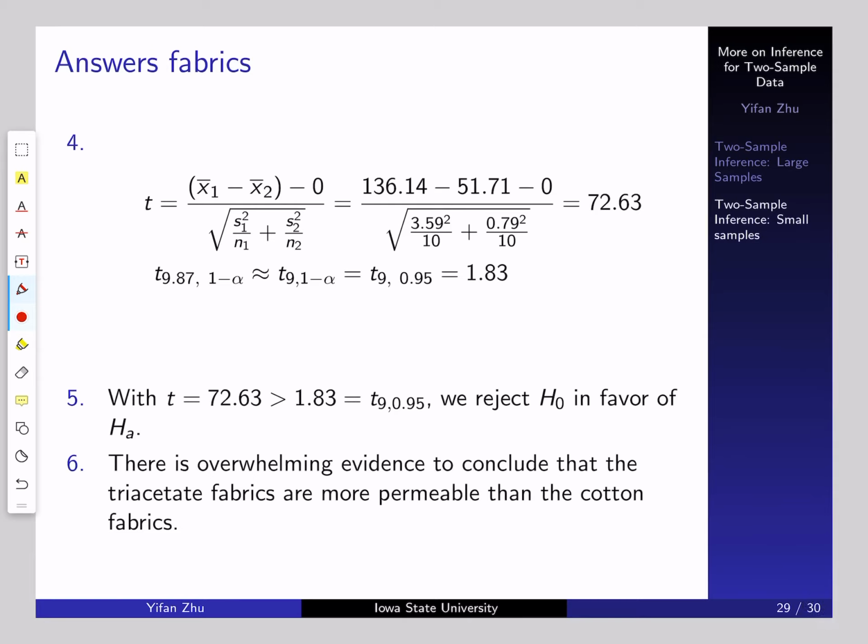Okay, then we plug in the data. The observed test statistic is 72.63. And the critical value is t of 9.87 at 1 minus alpha, which here is 0.95.